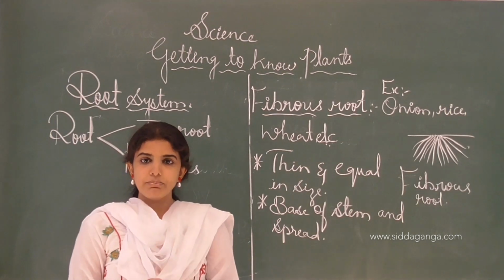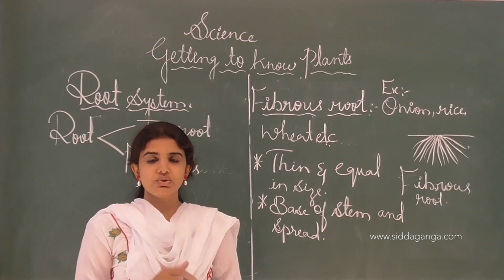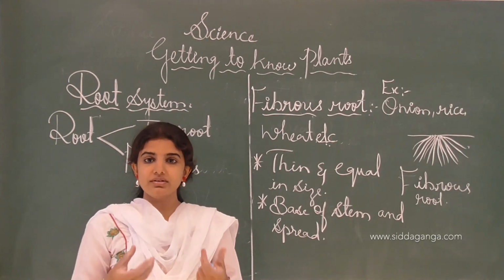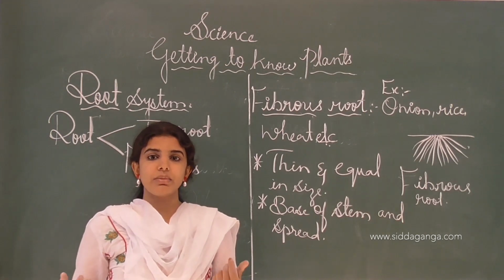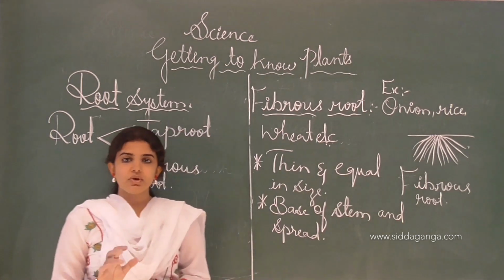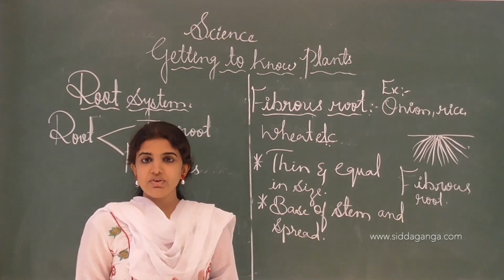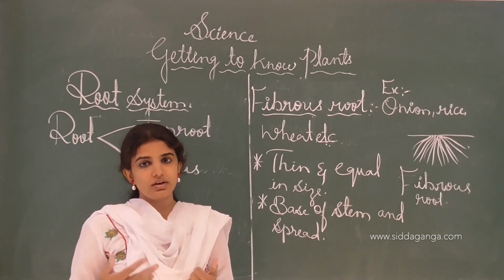In the tap root, a long main root is present which grows vertically into the soil, and beside this main root there are thin long structures arising from the root, which are the secondary roots, also called lateral roots. See, this is how the root is divided into two parts, main root as well as lateral root.